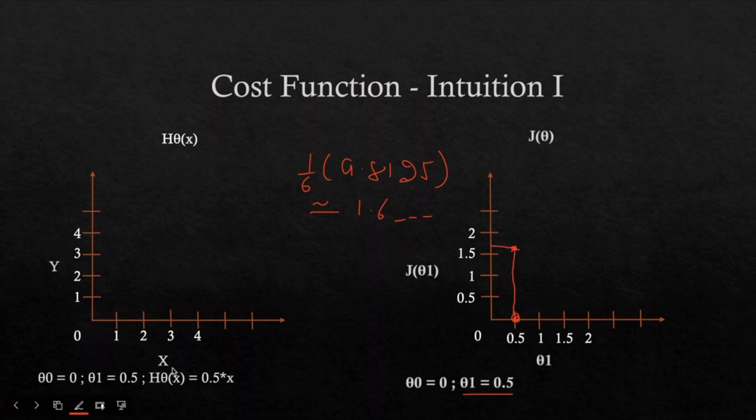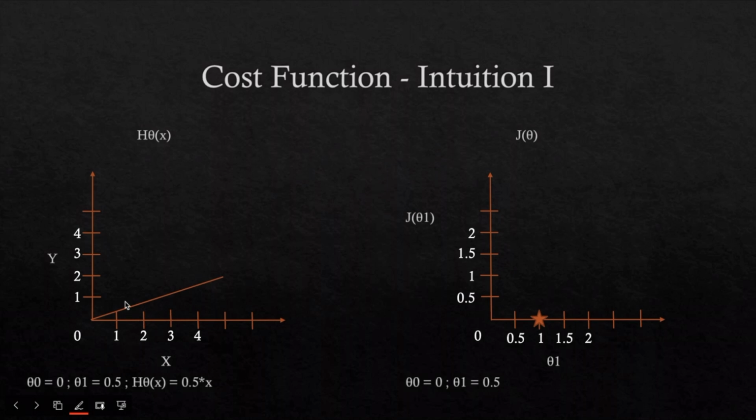If we take theta 1 equals 0.5 and multiply it by x, then the graph will be like this, and the previous one was a straight line like this. So it has some value decreased.